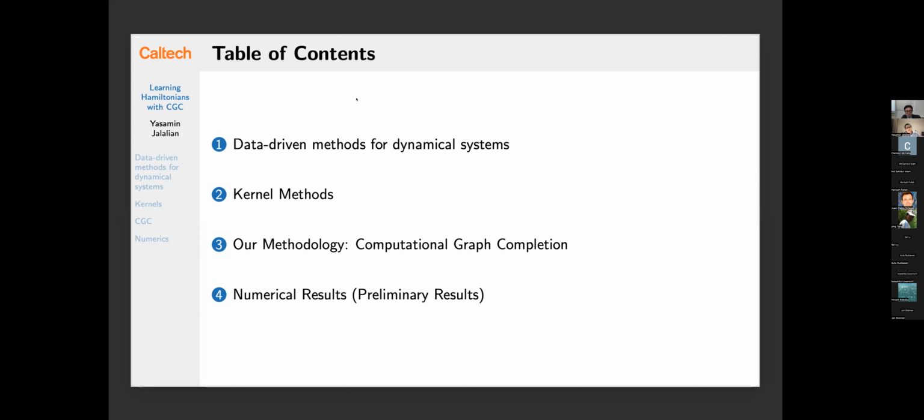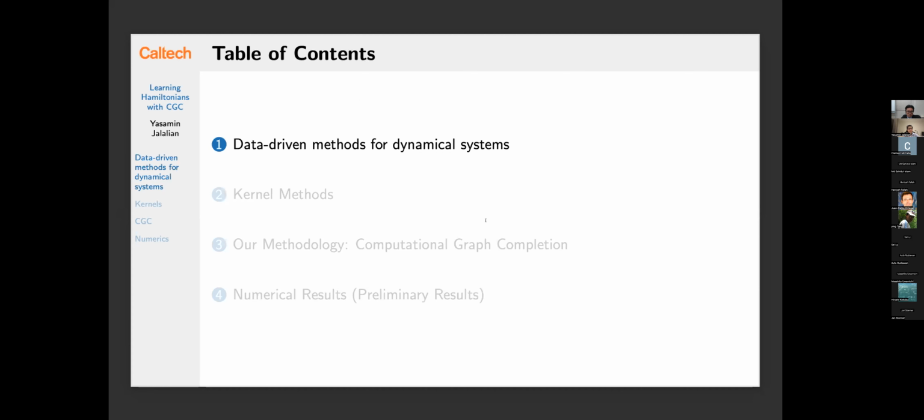Then I'm going to talk about computational graph completion, which is our main framework for studying Hamiltonians. And then I'm going to show you some numerical results, which are at a preliminary stage at this point, because this is a joint work with Boumediene Hamzi and Hénon-Heiles and some other collaborators at Caltech, and the numerics of this work is still in progress.